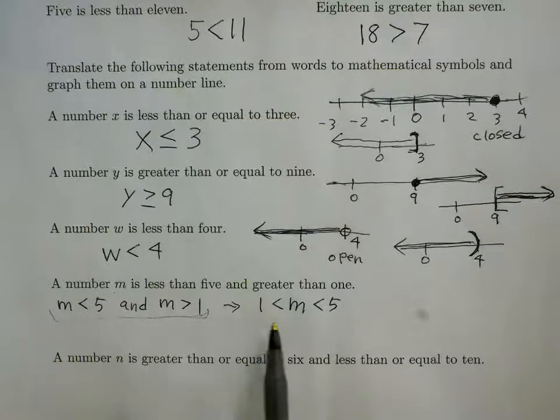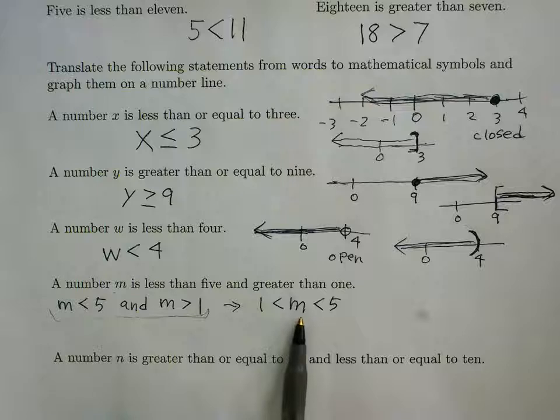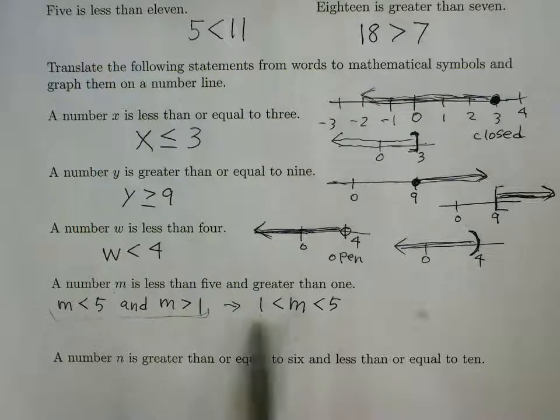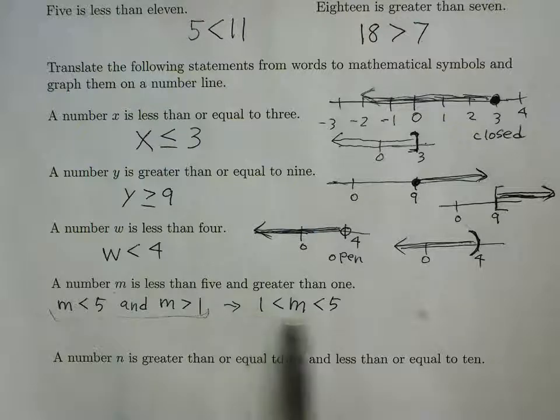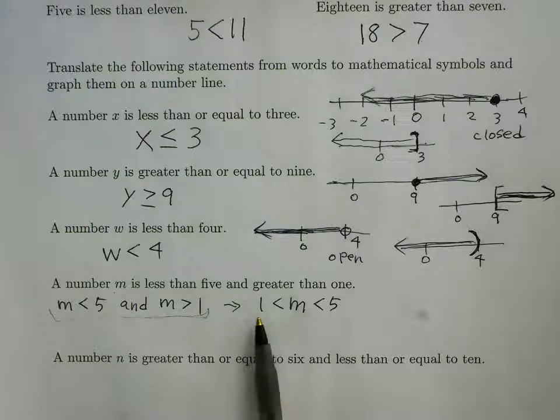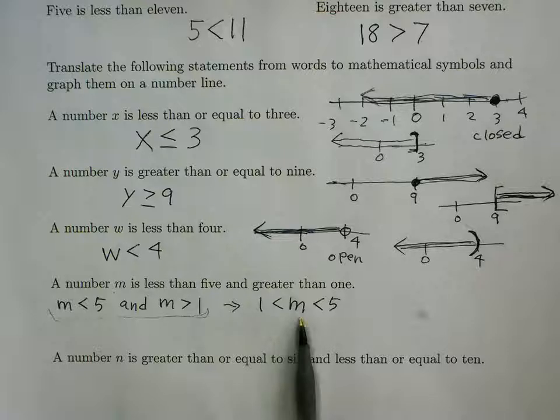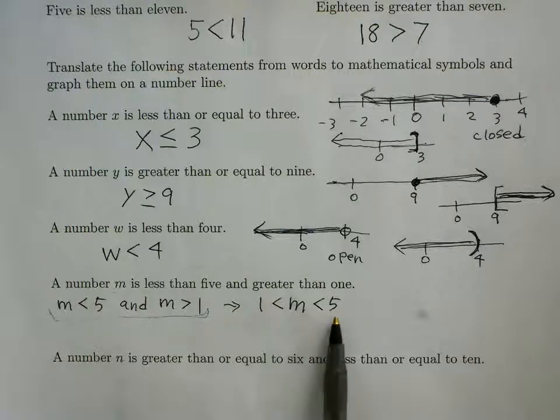This is referred to as a compound inequality. We'll talk more about compound inequalities on Monday, but it's okay to break the ice now. So a formal way to read this compound inequality is 1 is less than m and m is less than 5.